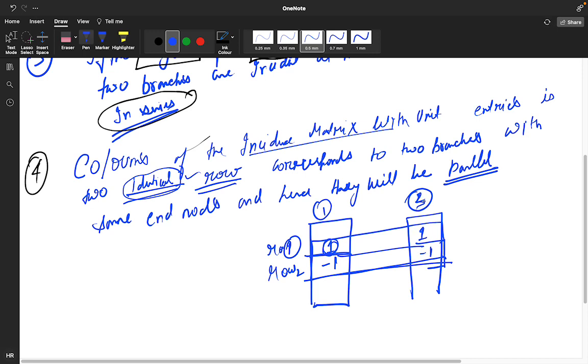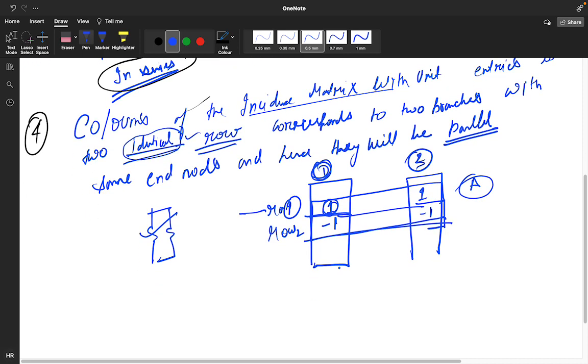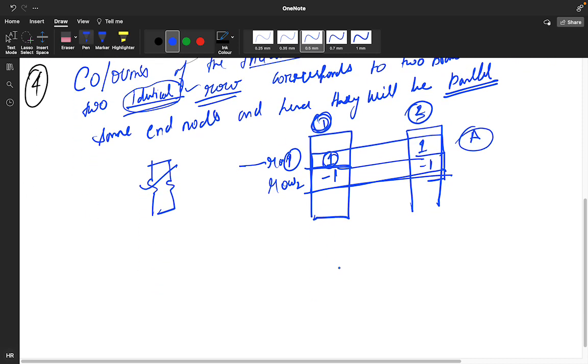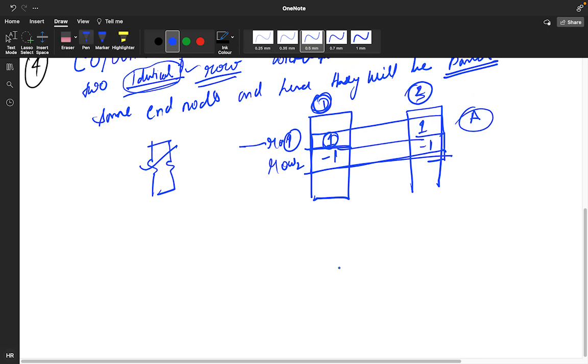It could be 2nd row, 3rd row, 4th row. What is the meaning? This branch and this branch are parallel. This is like parallel connections. The meaning of this is this only. We'll see in the questions. If you are not understanding, don't worry. We'll see how it's happening in the questions.